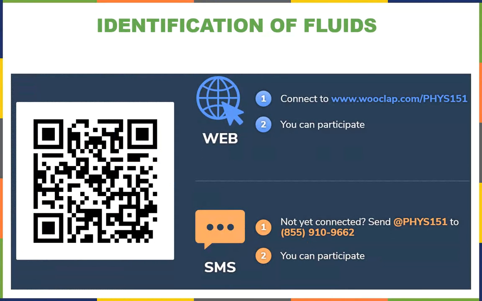Okay, in just a minute, we're going to come to doing a Wooclap thing. So go ahead and go there. Remember, you can text PHYS151 to this number, or you can just go to www.wooclap.com/PHYS151, or you can take a picture of that code.